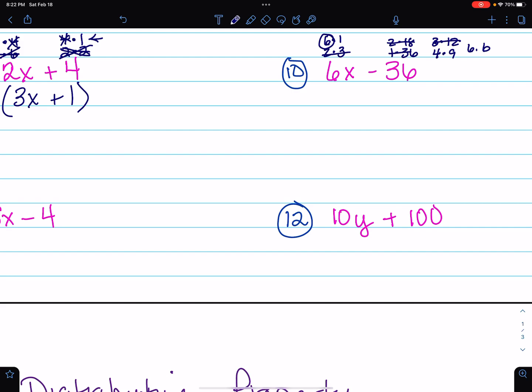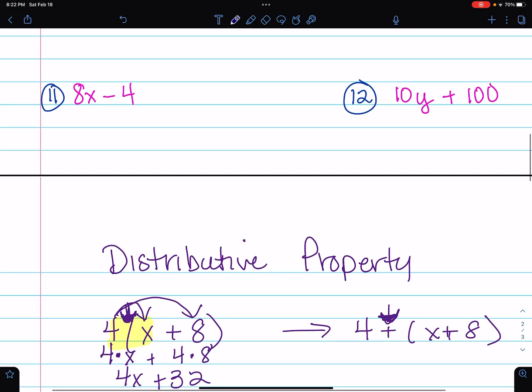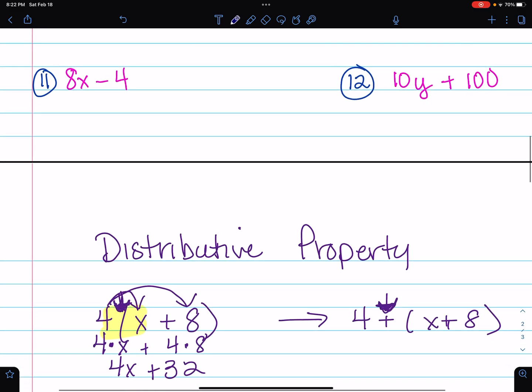So I can get rid of all of these, pull out the 6. This one has a 1x left over, and it has a 6 left over. The correct way to write it would be 6 times the quantity x minus 6. All right, try number 11 and number 12, and then come back and see how you did.